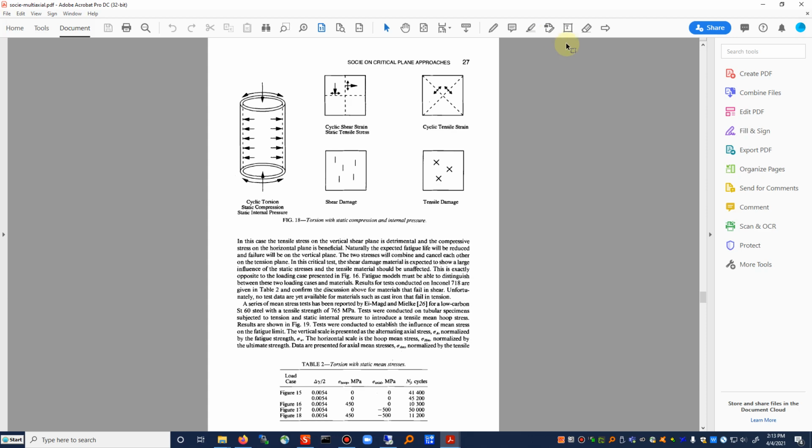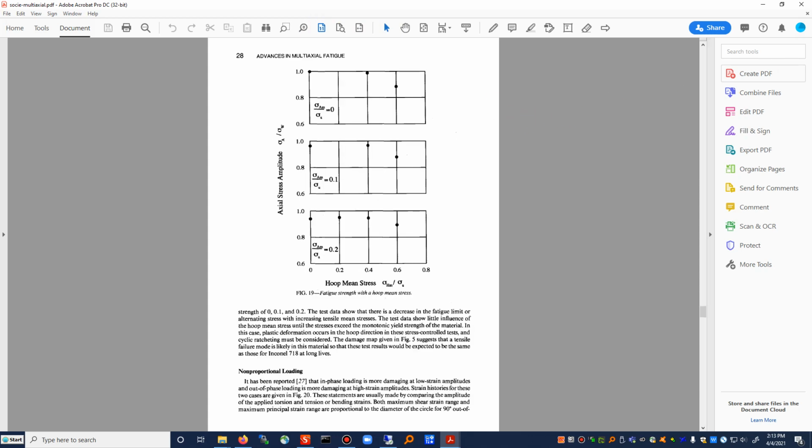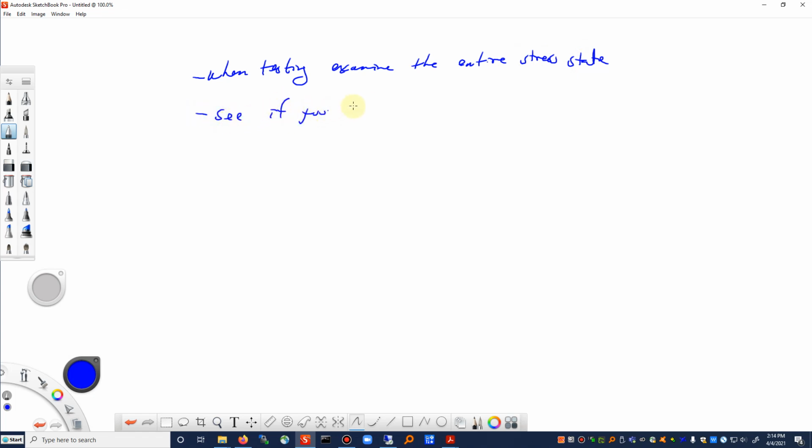All right, so the rest of the paper goes on and gives some detail about more of these tests that were conducted. All right, so the big point then I like to make with that, other than the points that we've already made, is that when testing, examine the entire stress state and see if you can have a set of discriminating tests.